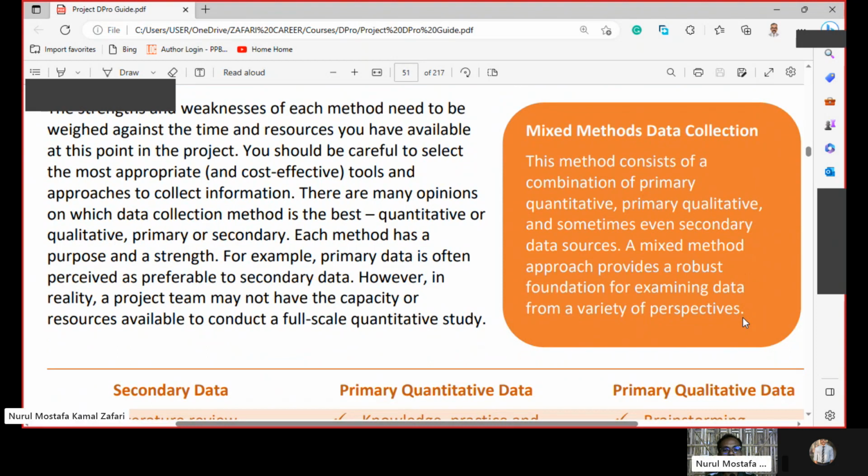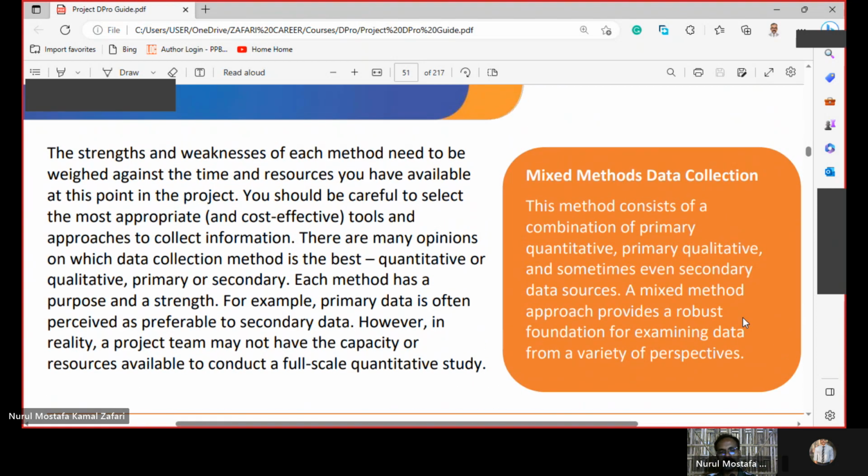The strengths and weaknesses of each method need to be weighed against the time and resources you have available at this point in the project. You should be careful to select the most appropriate and cost-effective tools and approaches to collect information.